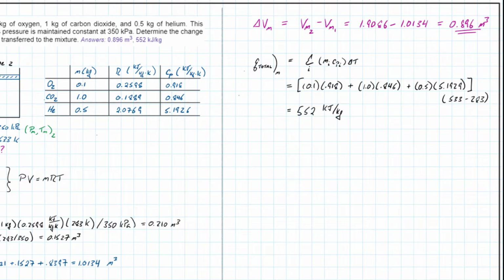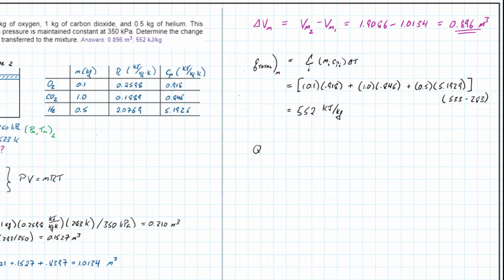I can also, since I know the total mass of this mixture, find out the total amount of heat. So Q total, Q dot would be the rate.